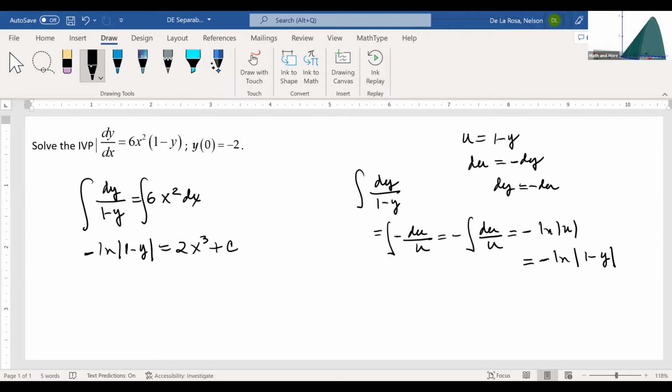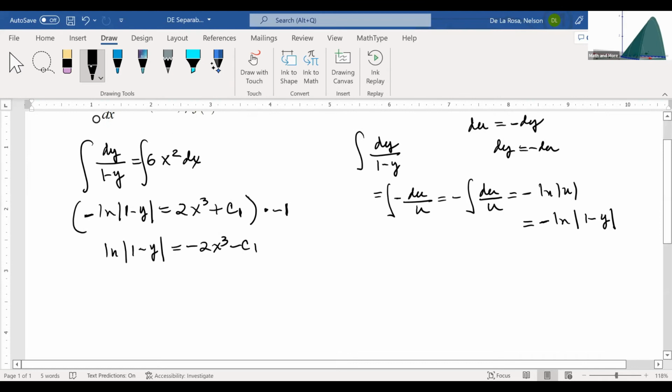So now, in trying to solve the initial value problem so that we can obtain the exact value of the constant, which we can call for now C1, we can multiply by -1. So we have ln of absolute value of 1 minus y equals negative 2x to the third minus C1.